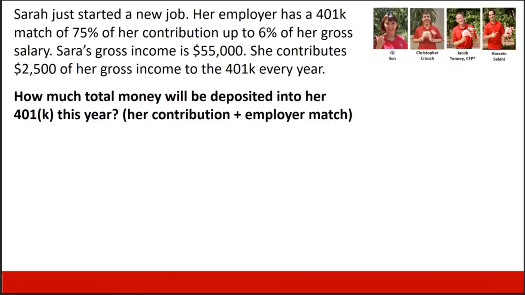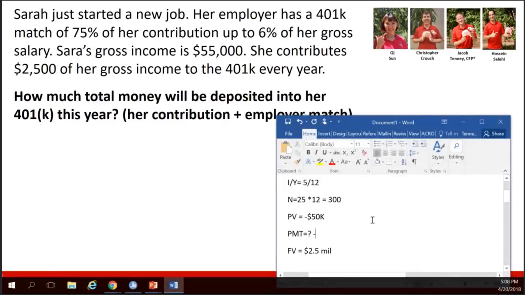So the question is asking how much total money will be deposited into her 401k this year. So you need to calculate the total contribution, which is her contribution plus employer match. Her contribution is $2,500.